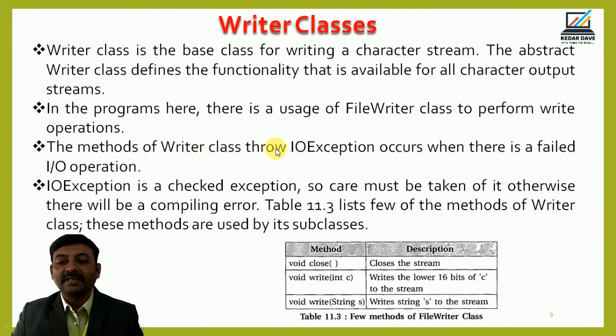The methods of the Writer class throw an IOException when an input output operation fails. The IOException is a checked exception, so care must be taken of it, otherwise there will be a compile error.